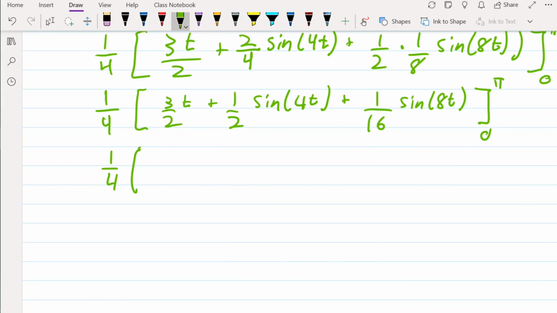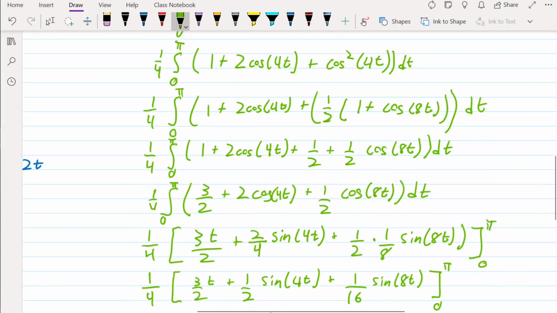So we get 1/4, so this becomes 3 pi over 2, plus sine of 4 pi is 0, and then the same for pi, sine of 8 pi, and then 0 of everything is going to be 0. Which means we get 3 over 8 pi, which is the correct answer.